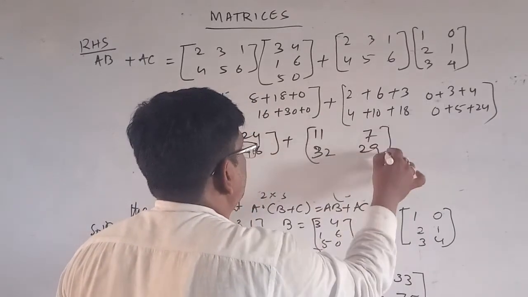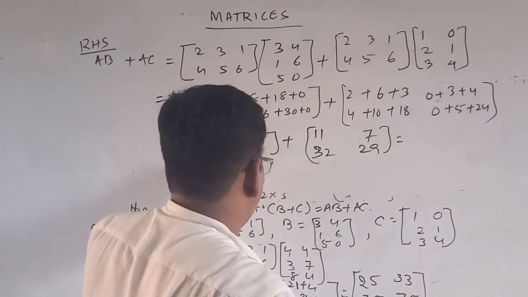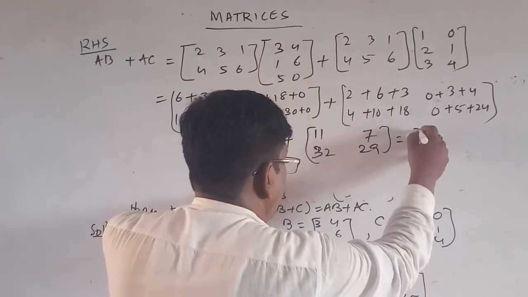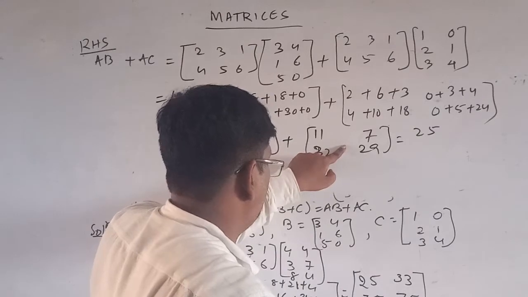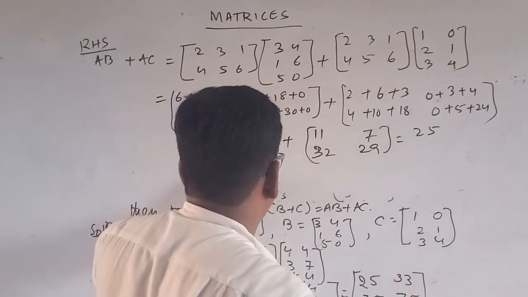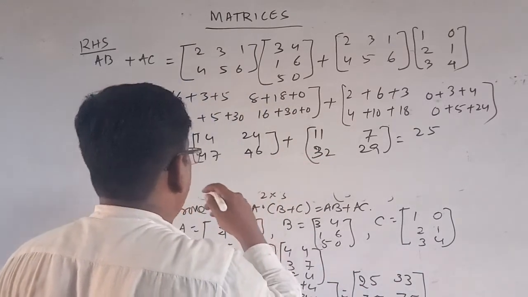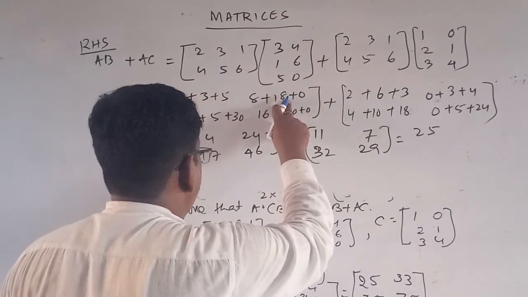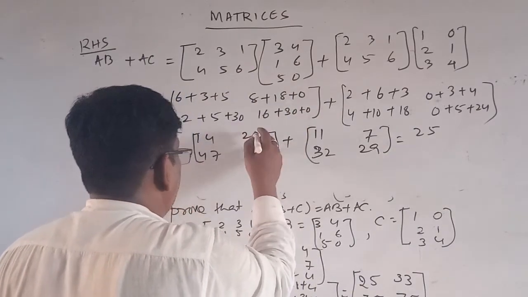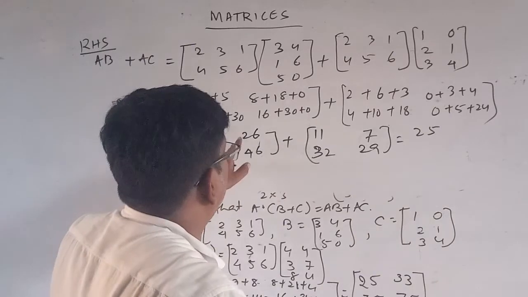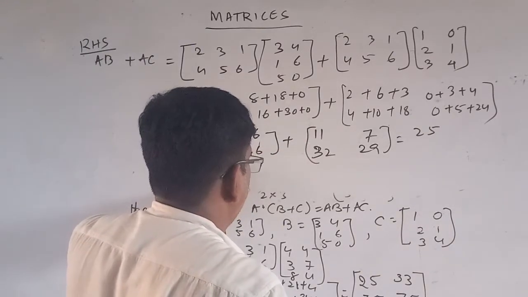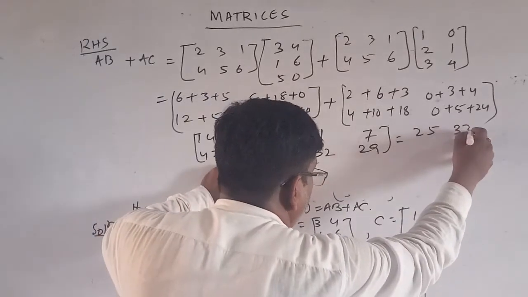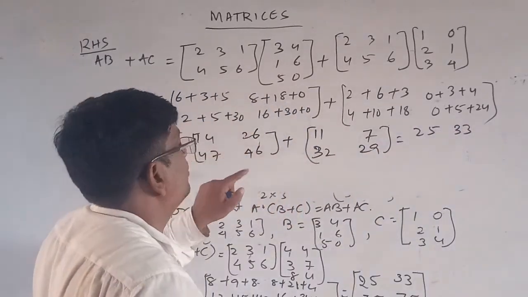And now this is equal to what? 14 plus 11, which is 25, 24 plus 7, that is 26, so 26 plus 7, that is 33.